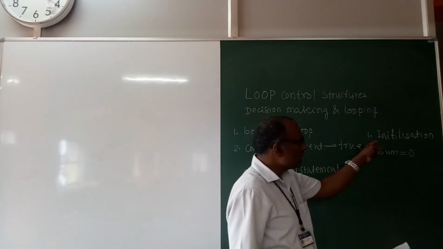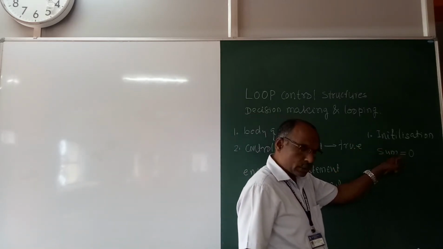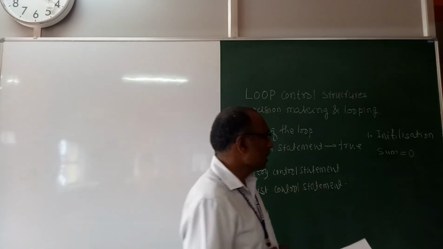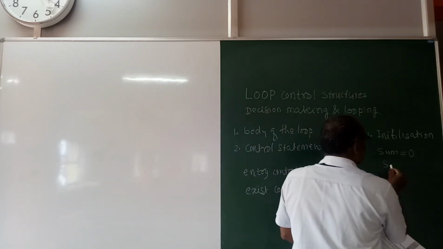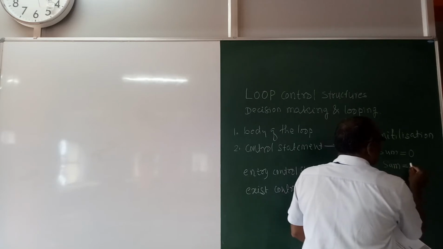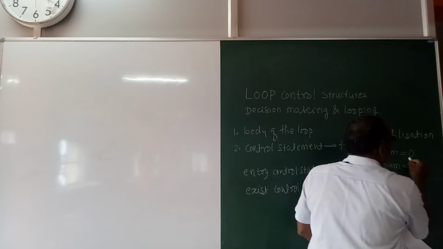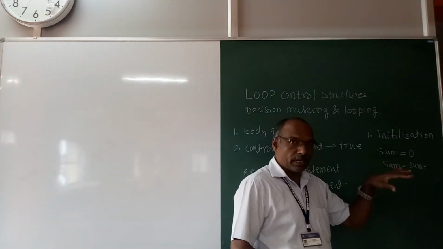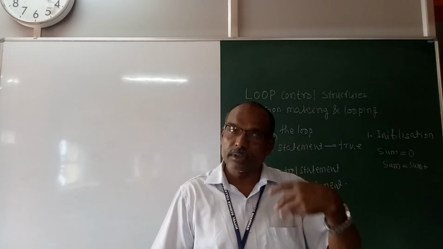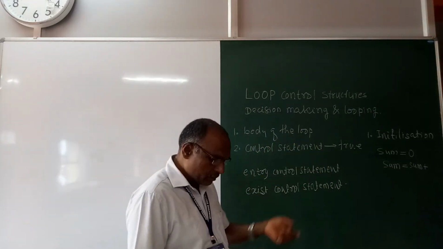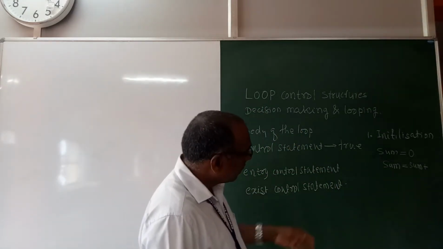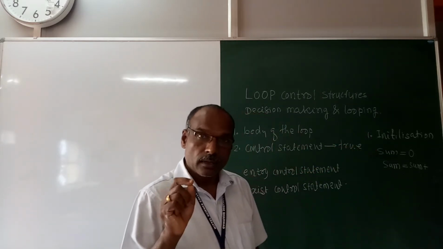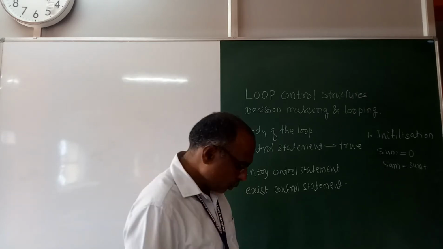That is, initialization is done and then it should be incremented, that is, sum is equal to sum plus the counter. That may be incrementing or decrementing. Sometimes we use the decrementing operator or the incrementing operator. This is the first step involved in looping.